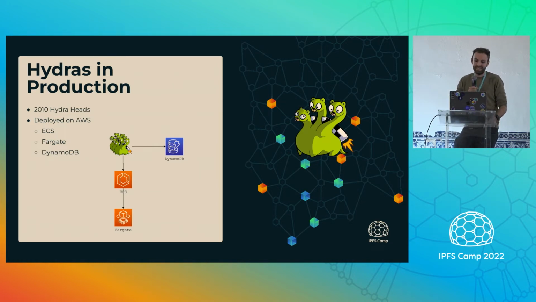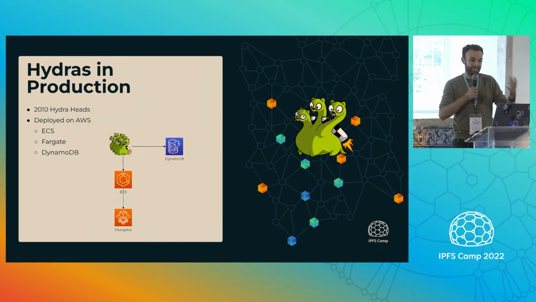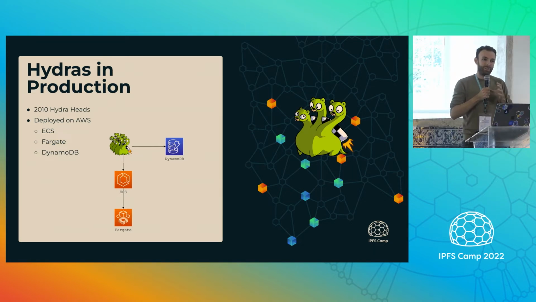Since the Hydras are distributed across the whole key space, and every add provider RPC ends up at a Hydra head, at least in theory the Hydras should know of all provider records that are stored in the DHT, which would give us a good view into the IPFS network.